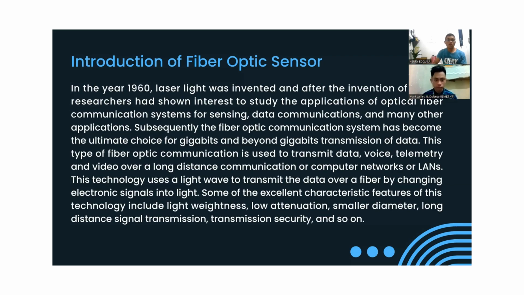This technology uses a light wave to transmit the data over a fiber by changing an electronic signal into light. Some of the excellent characteristic features of this technology include lightweightness, low attenuation, smaller diameter, long-distance signal transmission, transmission security, and so on.